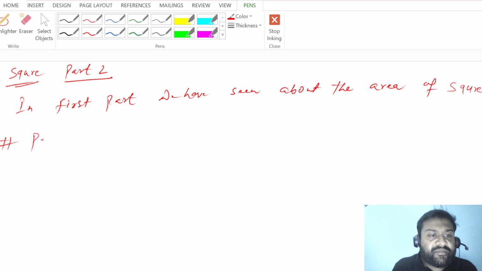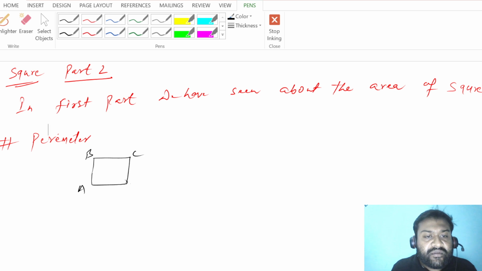Now, perimeter of a square, what is it? This is our square.